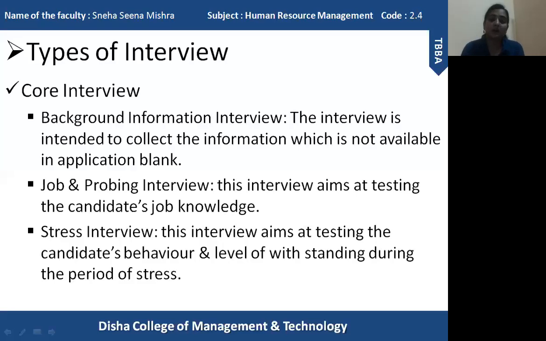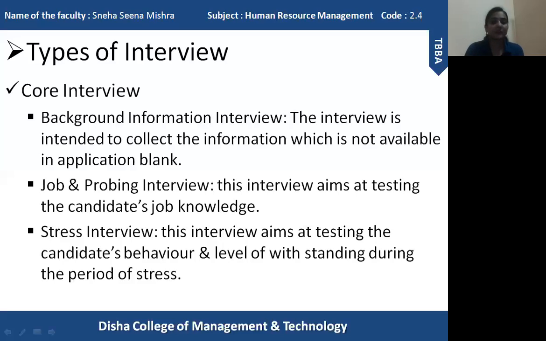So in this interview, usually the interviewer asks about the background of the candidate, especially to collect information which is not available in the application form. The information which is missed in the application blank is collected in the background information interview.